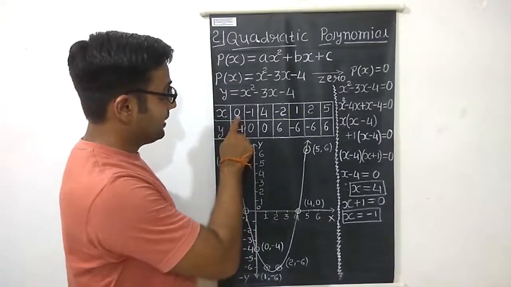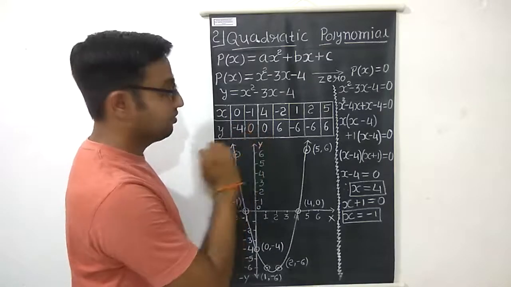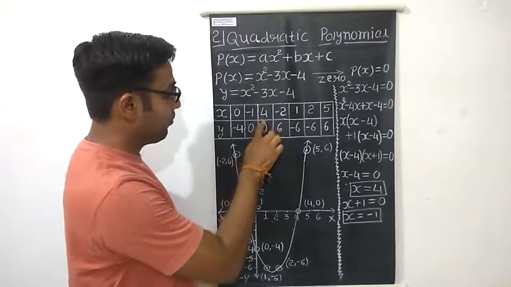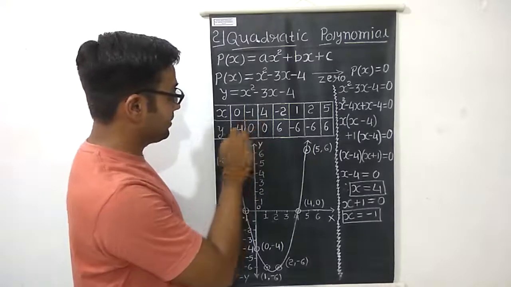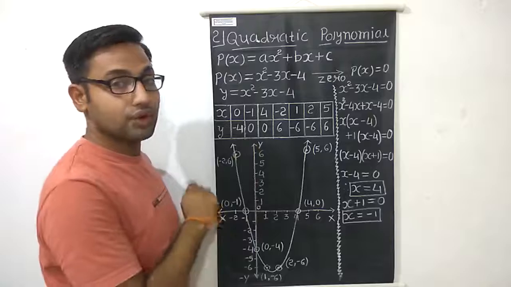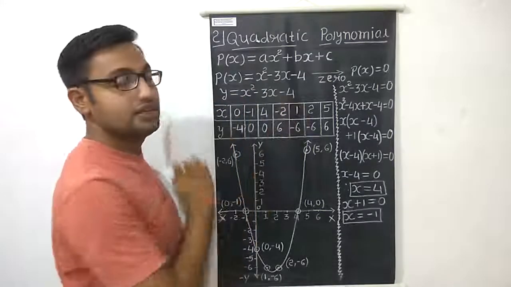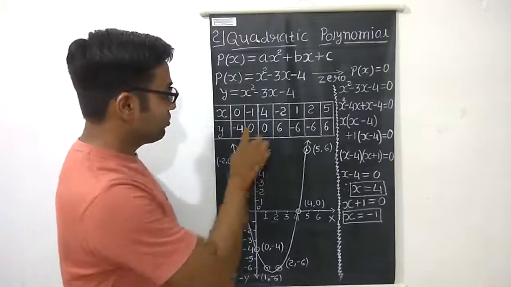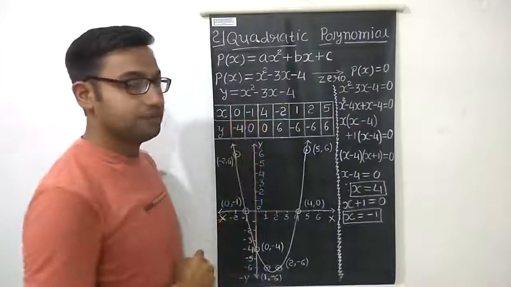By taking x equals 0, we get y equals minus 4. For x equals minus 1, y is 0. By taking x equals 4 also, we get 0. Yes, here for two values of x, the y is the same. You can verify this by putting these values in the equation. So this kind of points we can get from this polynomial.